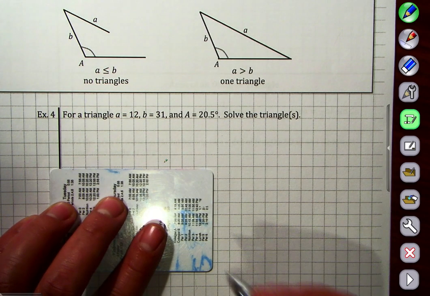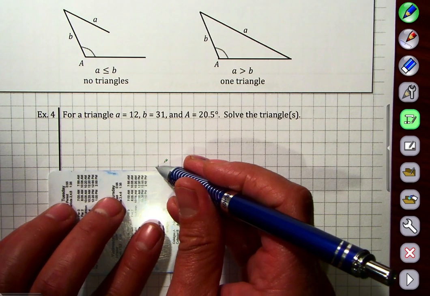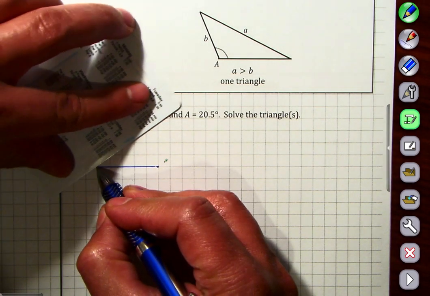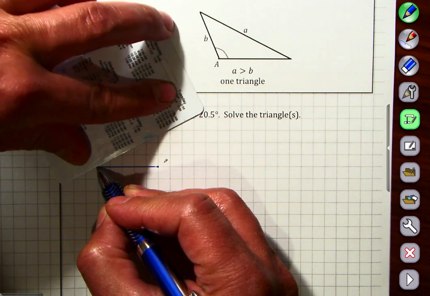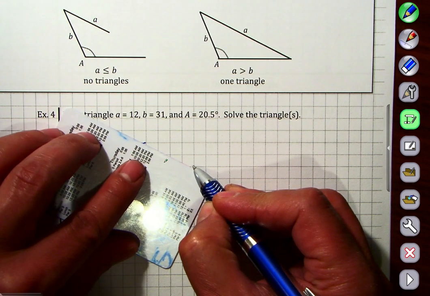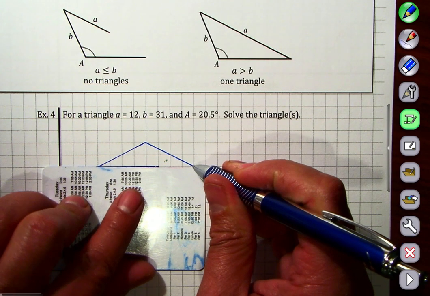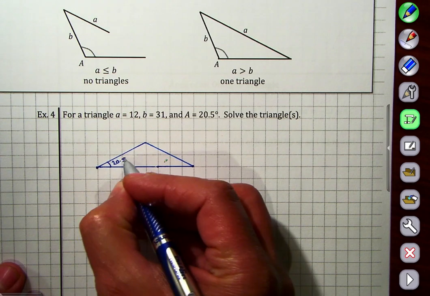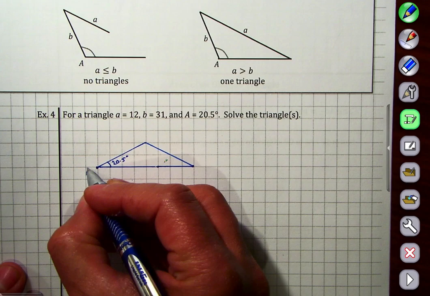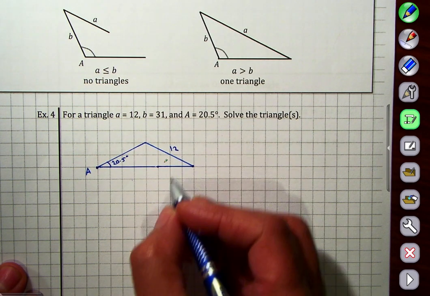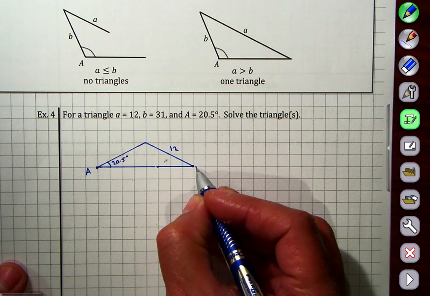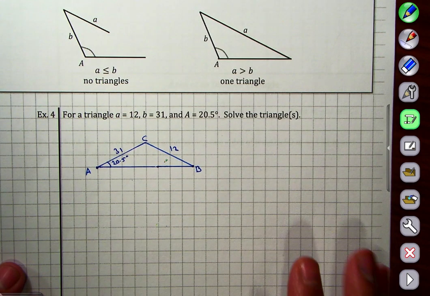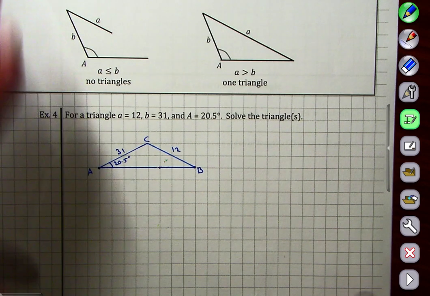I'm just going to make a quick drawing so I can actually see it. In this case you have no idea if you're doing a correct drawing. I'm just going to start with 20.5 degrees. This is angle A, this is 12. I'm going to place side B here and side C, so therefore this is 31. Before I start, I want to be able to find my height.